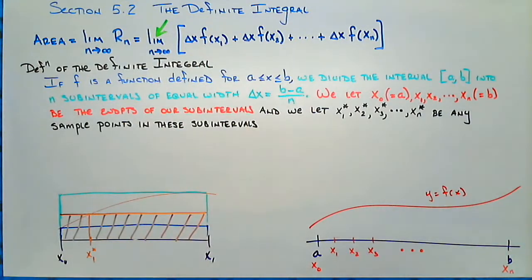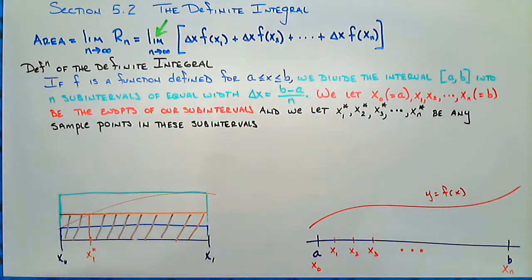We have to remember this. We're taking the limit as n goes to infinity. So in reality, our picture doesn't look like this. We're letting the number of rectangles grow without bound. Yes, this is a sketch of this, but it doesn't really tell us the truth.